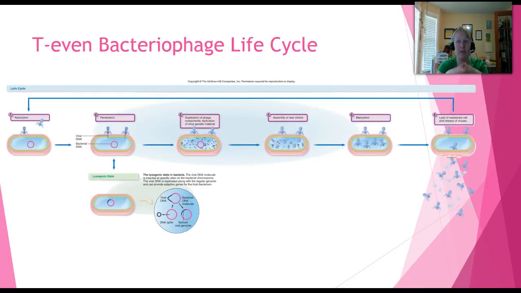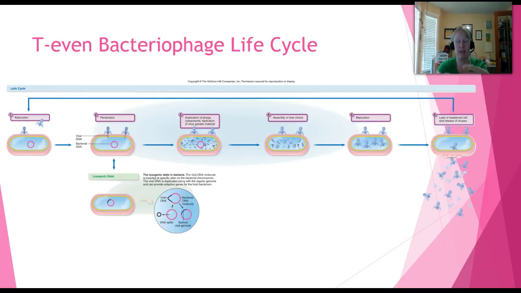In this process, we have the lysogenic cycle and the lytic cycle. In step 1, we have absorption, where the T bacteriophage binds to the bacterial cell. Penetration is when they inject their DNA or RNA into the bacterial cell. This then gets replicated within the bacterial cell, and this is all still part of the lytic cycle.